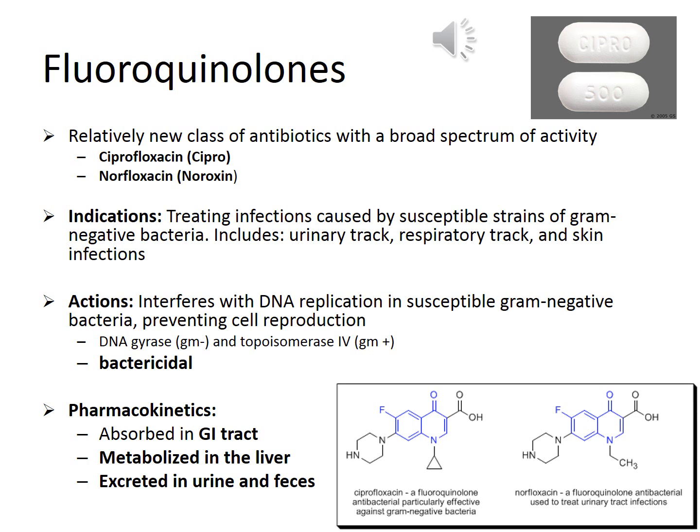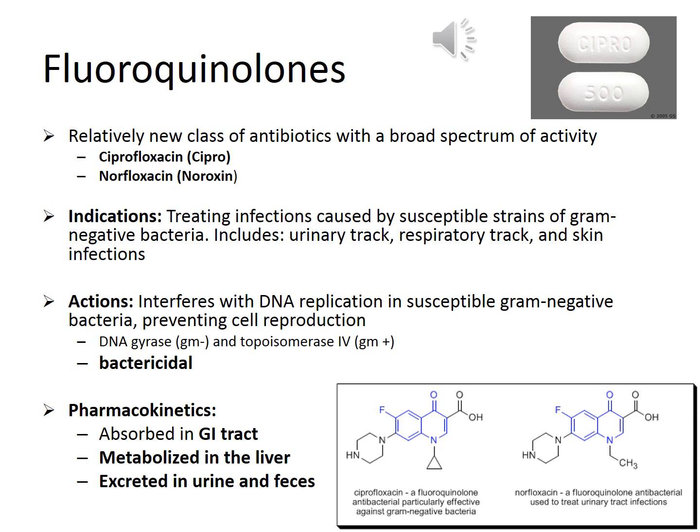The two drugs I want you to be familiar with are ciprofloxacin and norfloxacin. Cipro is the brand name for ciprofloxacin. Norfloxacin is Noroxin. They're called fluoroquinolones because of their structure, much like we said with beta-lactam antibiotics.